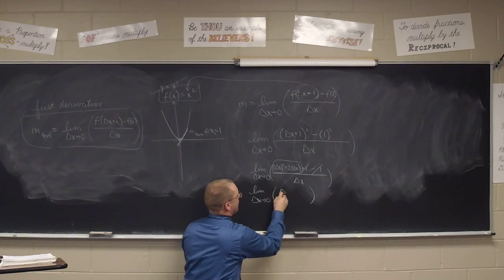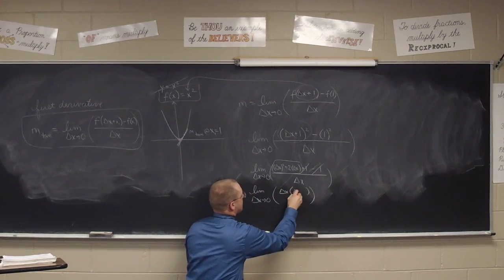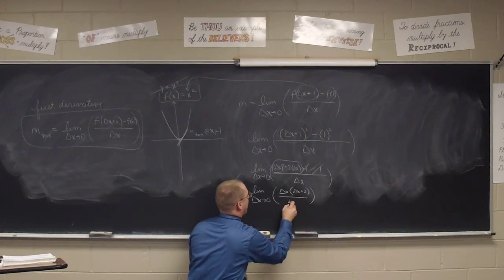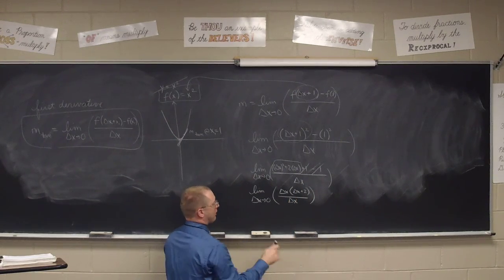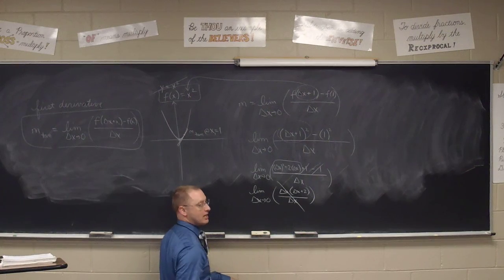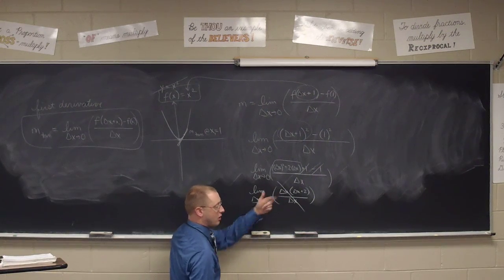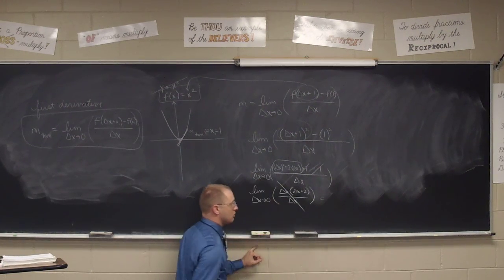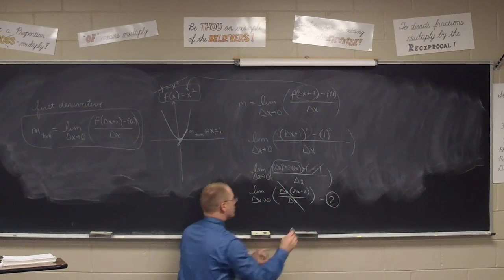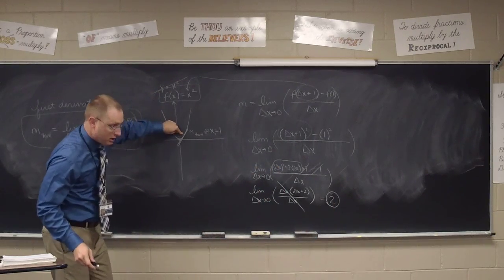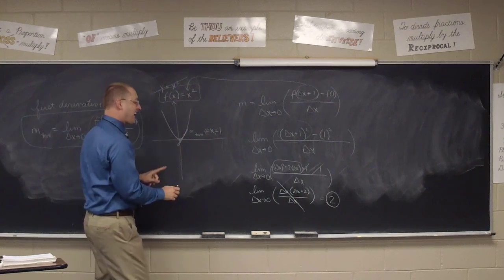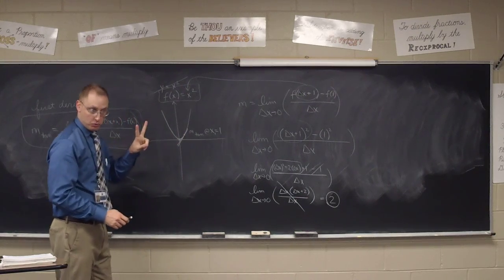There we go, factor out a delta x times the quantity delta x plus 2 all over delta x. And what happens? Delta x cancels. Now we're allowed to plug the 0 in, and we just get 2. So at 1, the slope of the line has exactly a slope of 2.